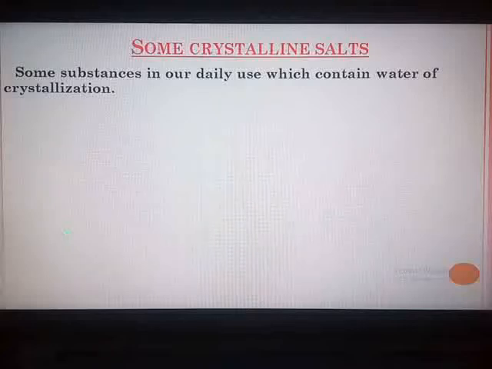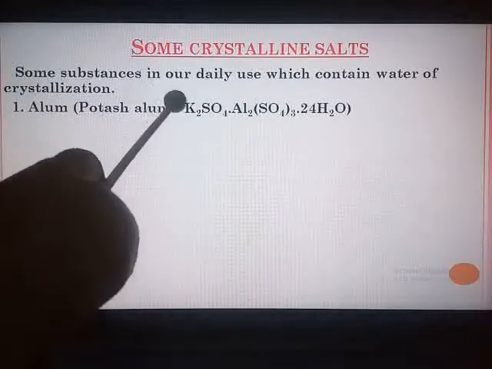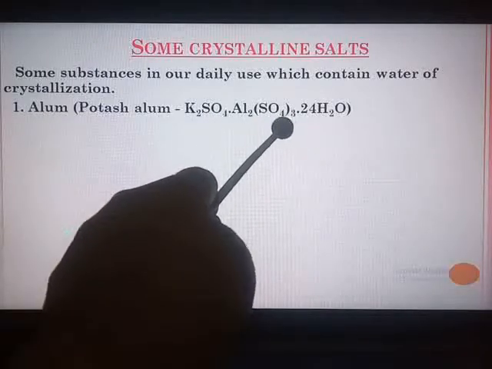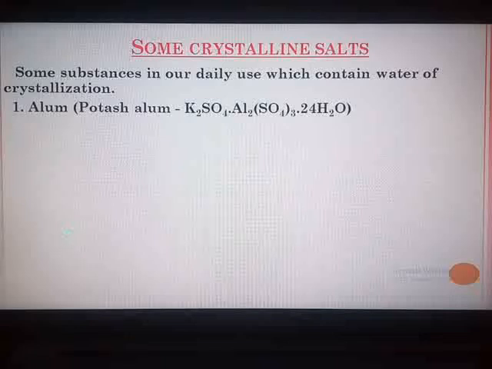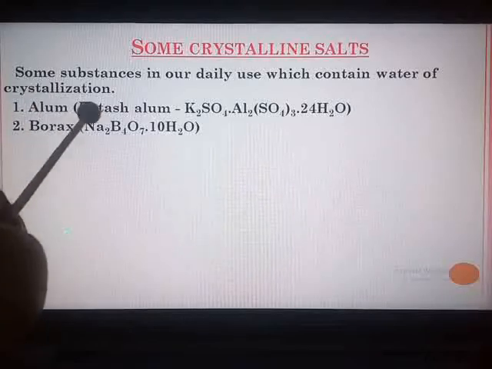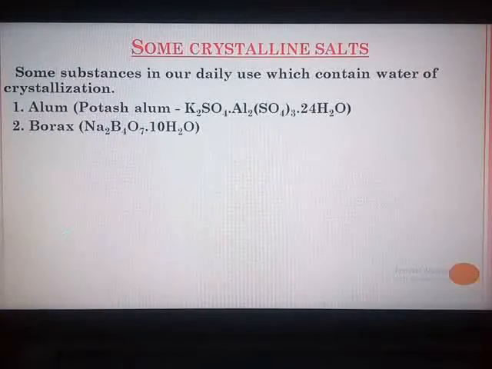The first one is potash alum, having molecular formula K2SO4.Al2(SO4)3 with 24 water molecules of crystallization. Borax, Na2B4O7.10H2O.